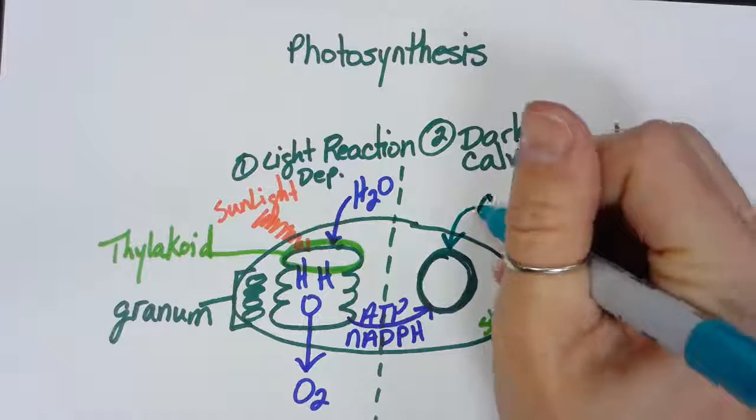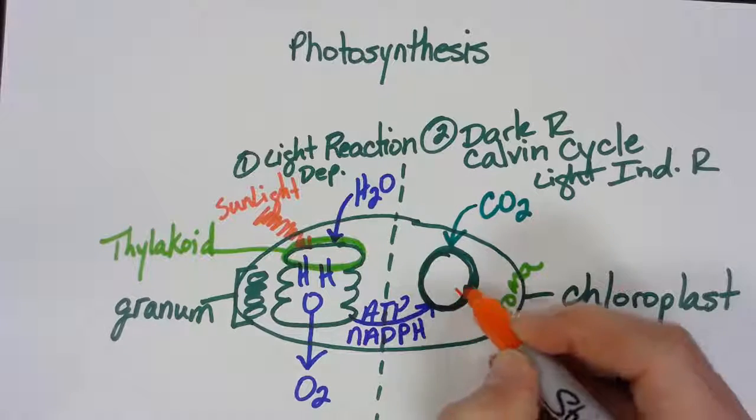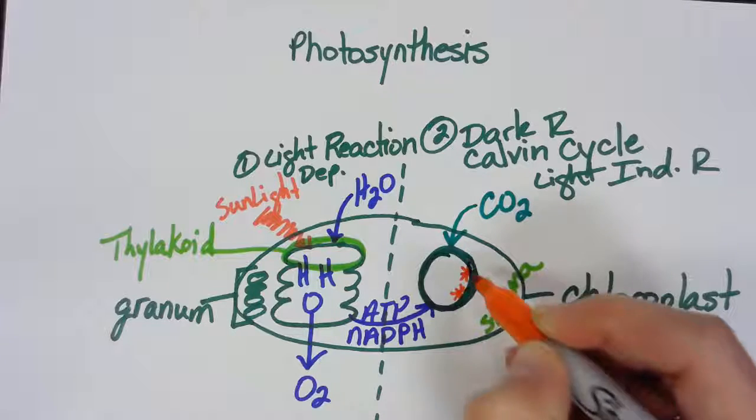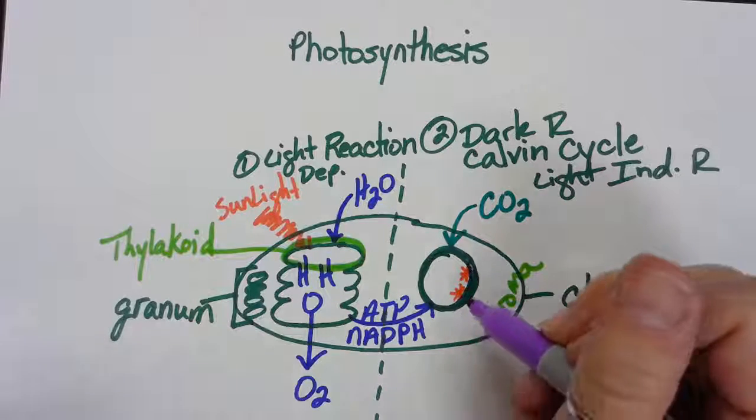We're going to have carbon dioxide. And so the carbon dioxide is going to work with our ATP, gets energized, and it breaks some bonds, and when we break bonds we get a fabulous thing that's released, or that gets energy released.